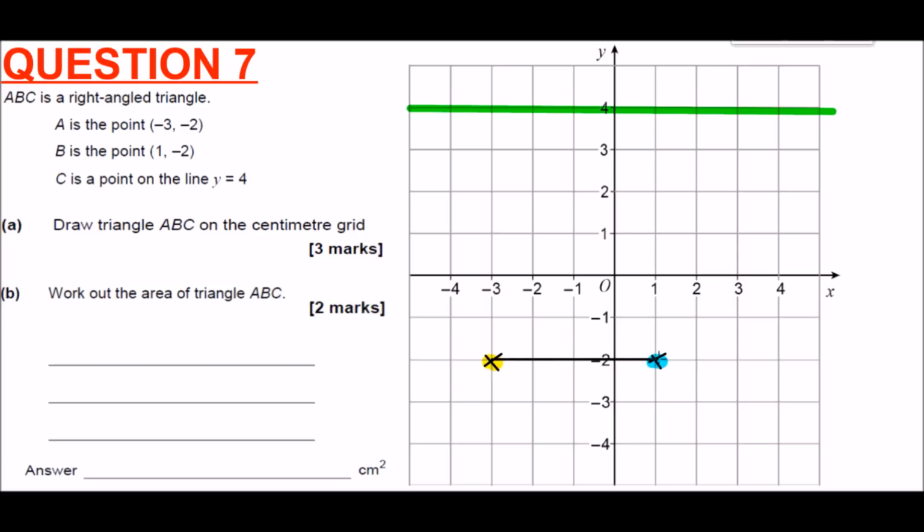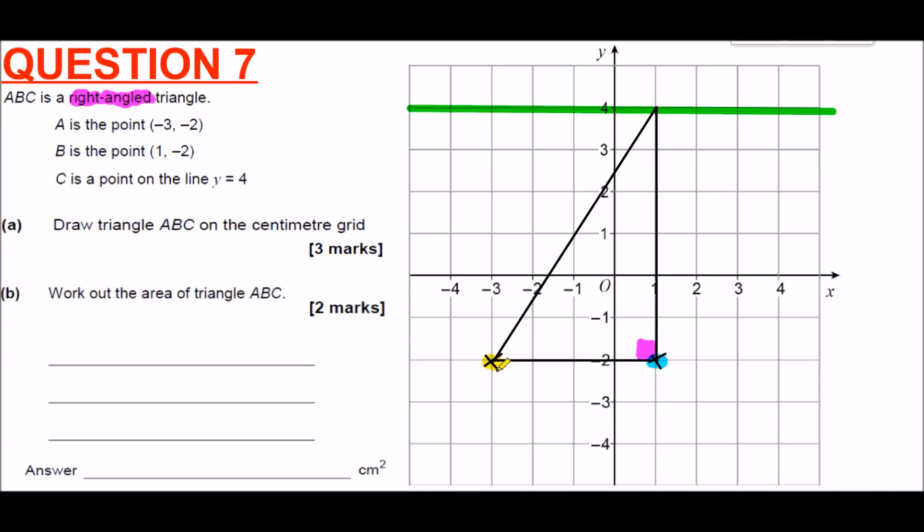So the other place the right angle could have been is if C were touching the line y equals 4 up here. And if it did, in that case, the right angle of the triangle would be down in the bottom right corner. So in this case, the right angle would be down here. So there's two possible options there.